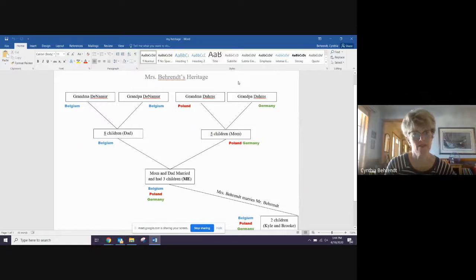Because my grandma and my grandpa both had the Belgian heritage, all 8 of their children had the Belgian heritage. On my mom's side of the family, my grandmother, all of her relatives came from Poland. So she is 100% Polish. She married my grandpa, whose ancestors all came from Germany. When the two of them got married, they had 5 children, one of them being my mom.